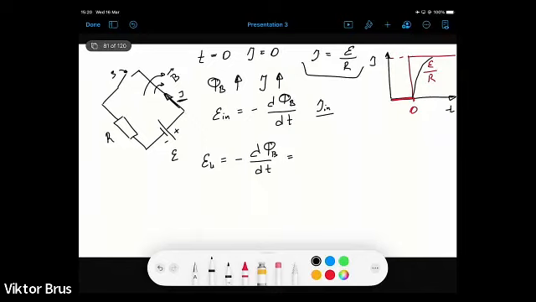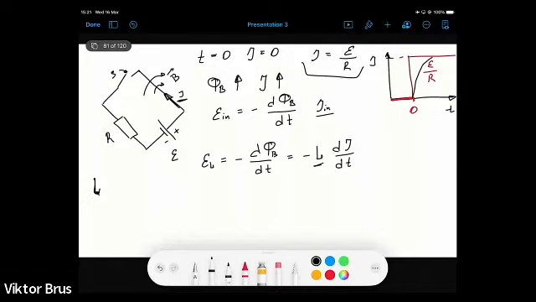So with this, we can write minus capital L times the first derivative of electric current over time. This L is a new parameter which we introduced here, and this is the inductance of the electrical circuit.